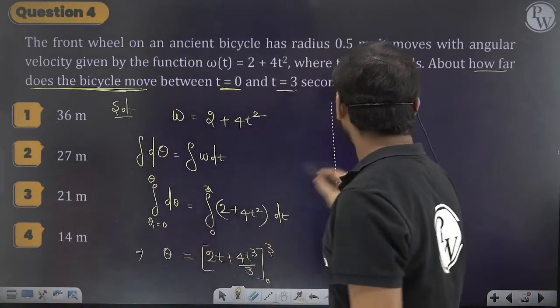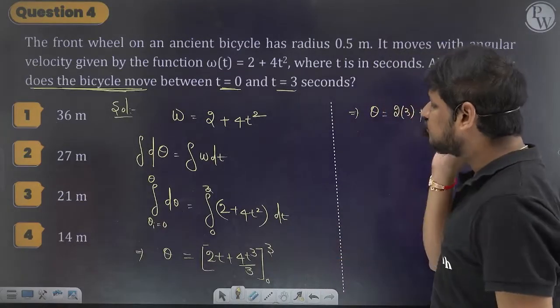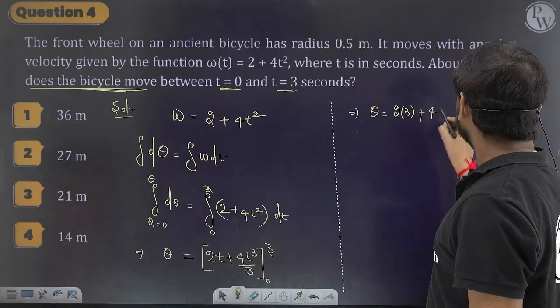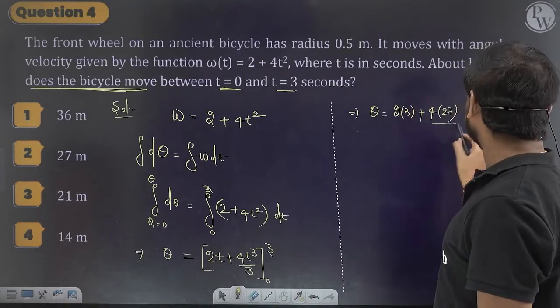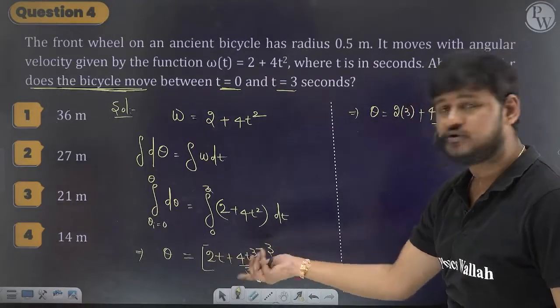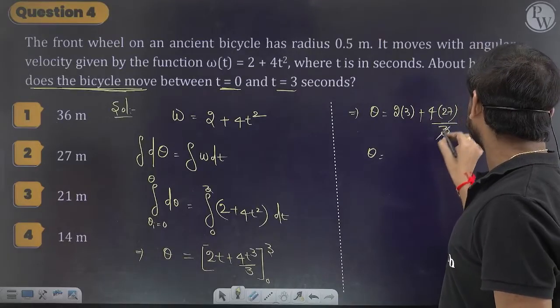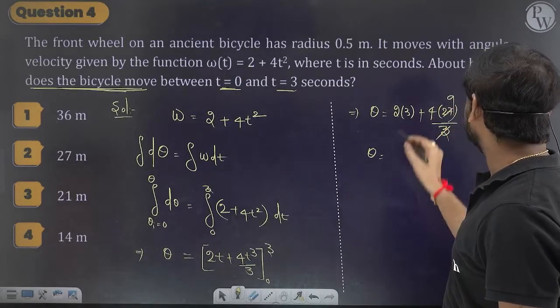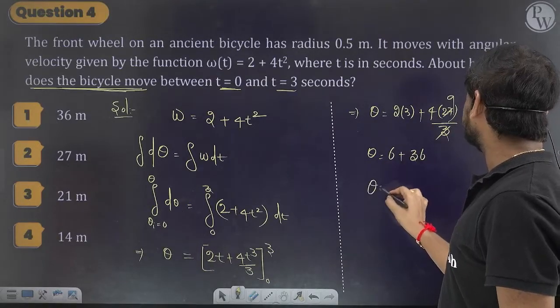The upper limit gives 2 into 3 plus 4 into 3 cube, which is 27, by 3. The lower limit gives 0, since 2 into 0 is 0 and 4 into t cube is again 0. So it is 6 plus 36, which gives theta equals 42.